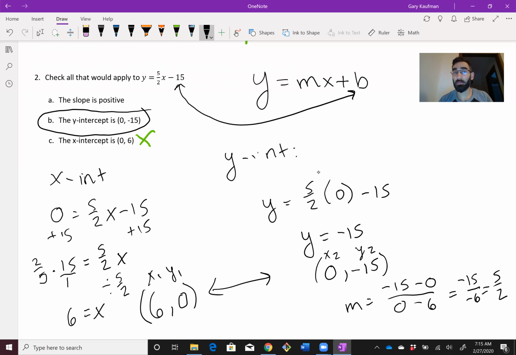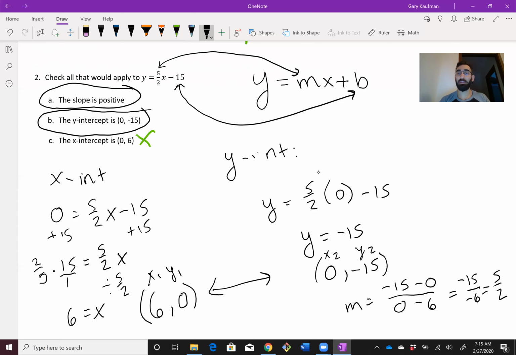That's positive. I can also see that the coefficient of x, which represents m, is also 5/2. So it's positive. So A and B were the answers to that one. Again, take notes on this if needed, or come see me in Google Meet if you have any questions.